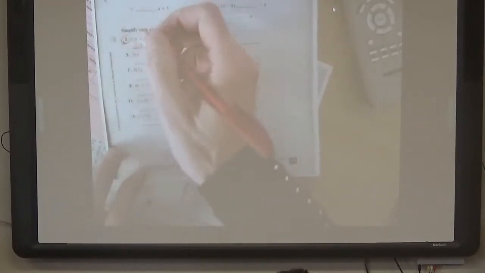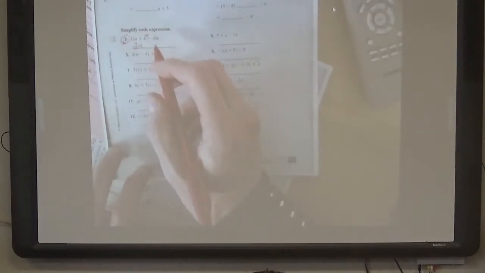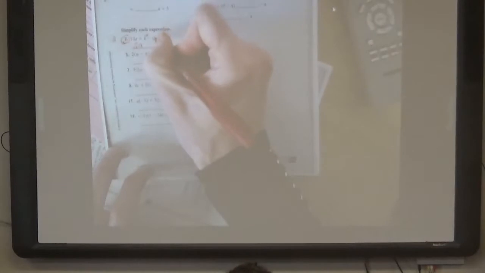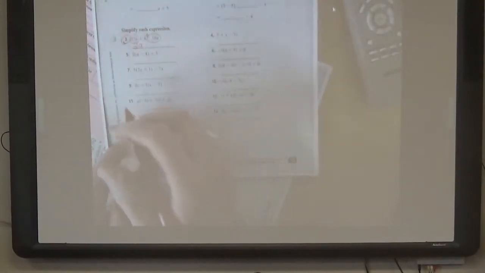You are paying attention. And what do you still have in the expression? No, we already used that. 4. What do we do with that? Add it. Can we add 4 to 2A? Sure.